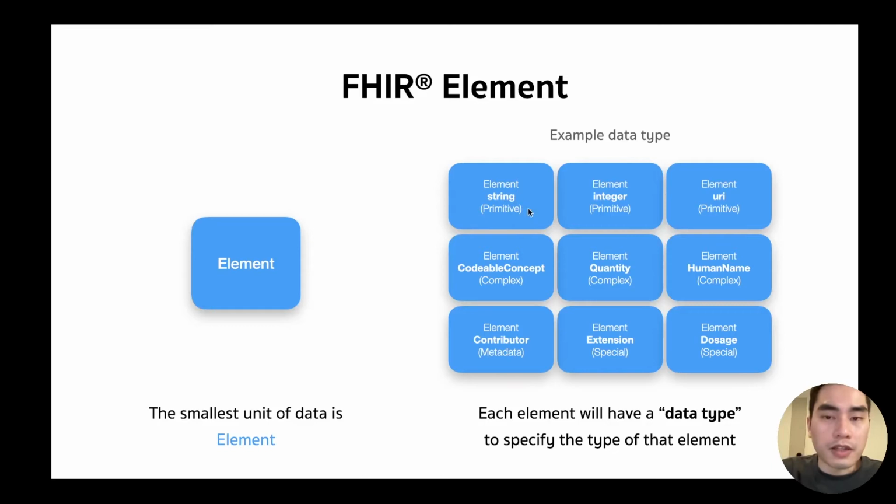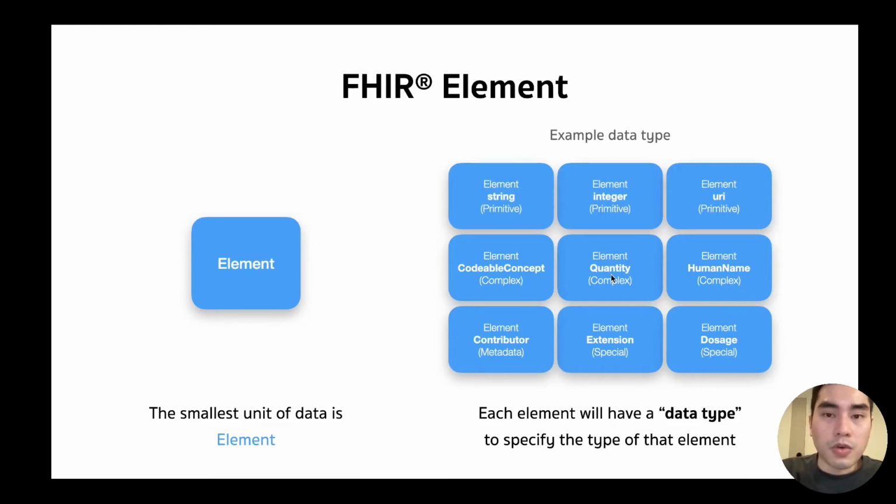The primitive data type is a data type that has only one value, like these: string, integer, URI. String is a string of characters, right? Integer is a number, for example. URI is a string with a specific pattern. But a complex data type is a group of primitive data types. For example, the Quantity data type.